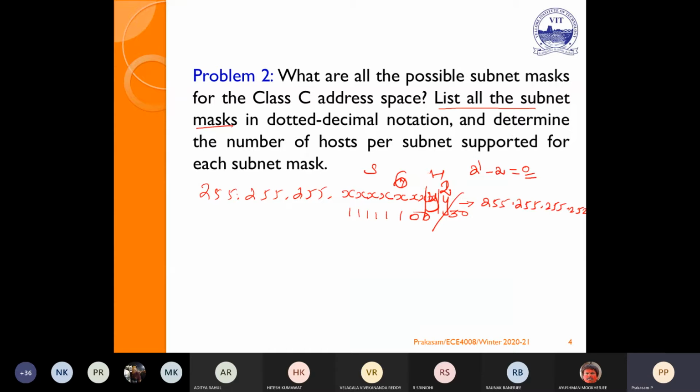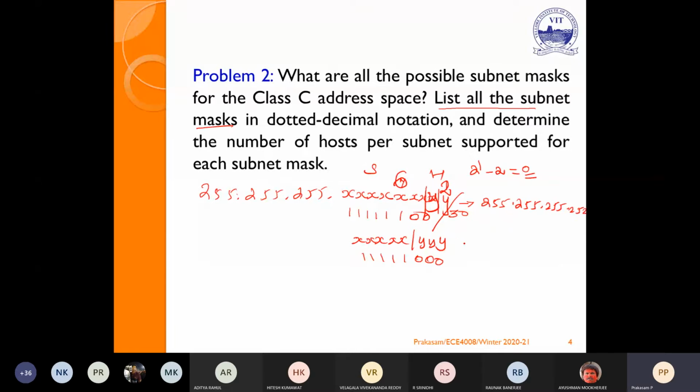Second, in a similar way, now instead of 2, I am allocating 3 bits for the host, so 5 for the subnet. So 5 for the subnet, 3 for the host. So 5 ones, 3 zeros, 11111000.